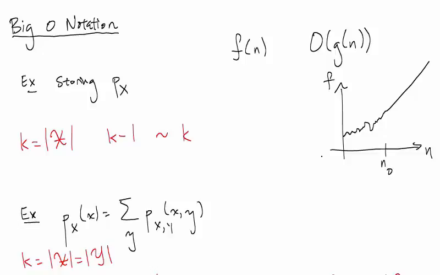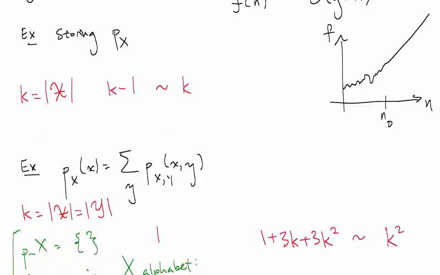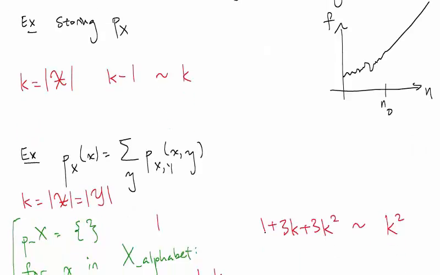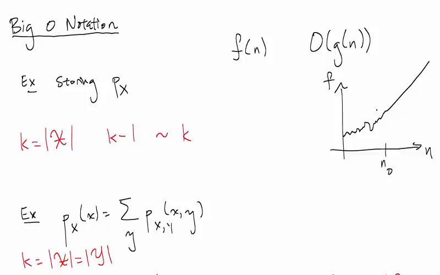You can think of it as, for example, here we had the -1, so when k is small, you start to feel the effects of this -1, but when k is large, you don't feel it. And similarly down here, when k is small, you start feeling the effects of this 1 plus 3k. So that's why at the beginning there's some perhaps weird behavior going on, but that's okay. After n is large enough, so when n is at least n naught, it's going to be nicely well behaved, where in this case it starts to look very linear.